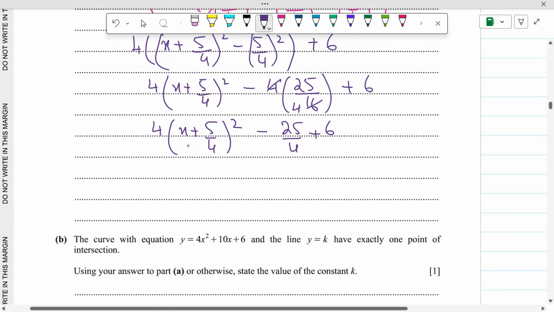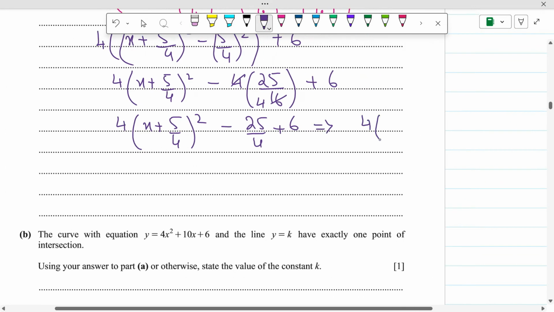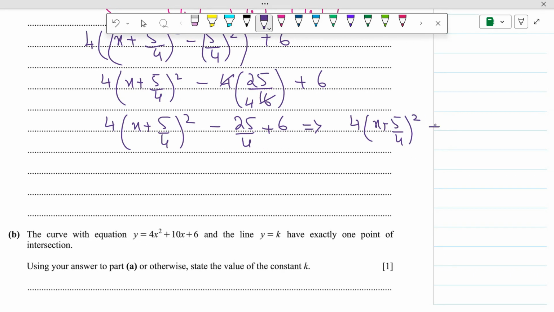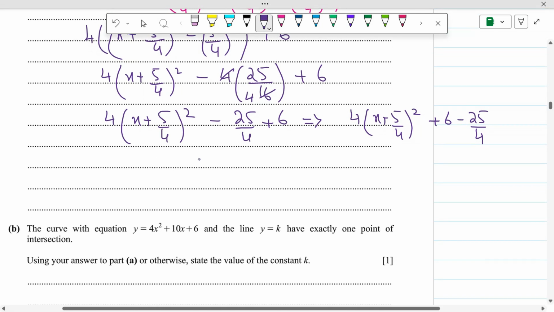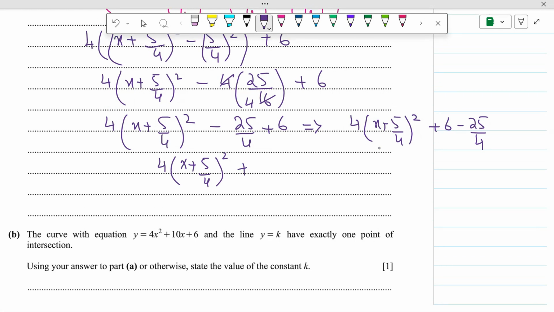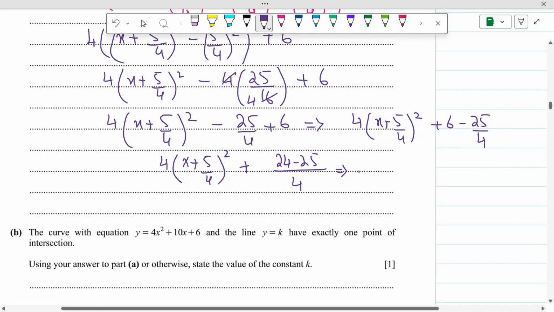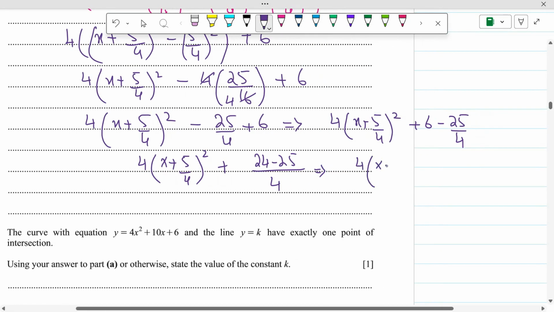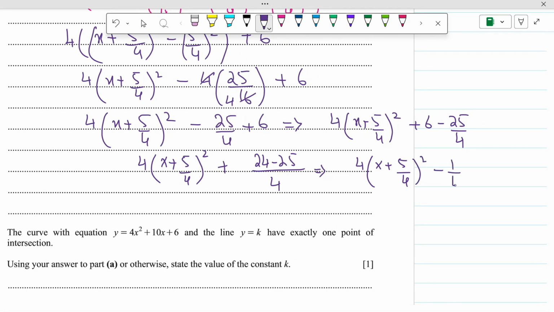We can solve it further. 4(x + 5/4)² + 6 − 25/4. Taking LCM, we will have 4(x + 5/4)² + (24 − 25)/4, and we will have 4(x + 5/4)² − 1/4.